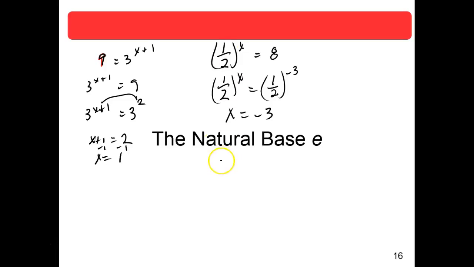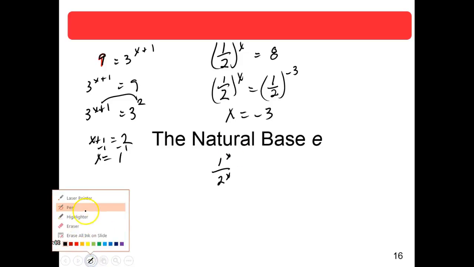Here's what you can do. I'll show it 2 different ways. This is also 1 to the x over 2 to the x, right? Well, you know what 1 to the x is. 1, to whatever power you raise it to. So that's just 1 over 2 to the x, right?